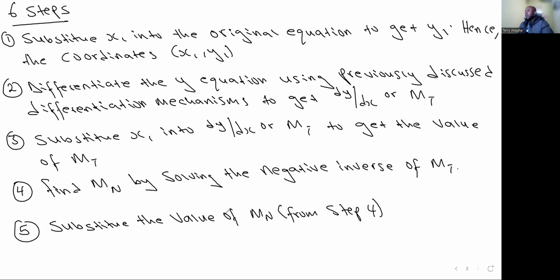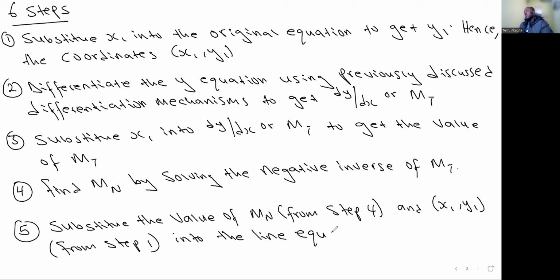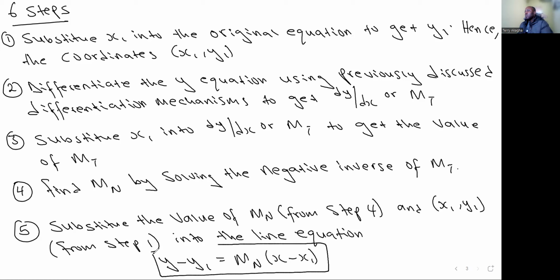So you have to substitute the value of mn and the x1, y1 that we got earlier from step 1 into the line equation. I know the line equation that we have is going to be y minus y1 is equal to mn times x minus x1. All right? So that is it.